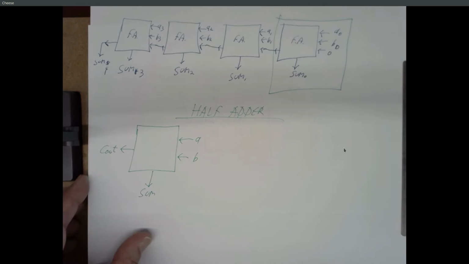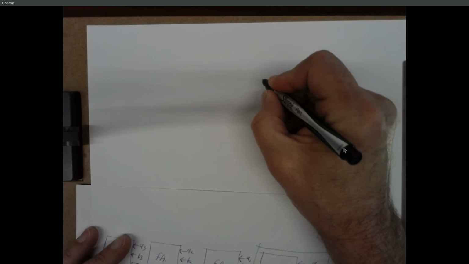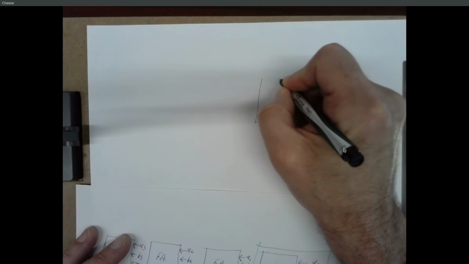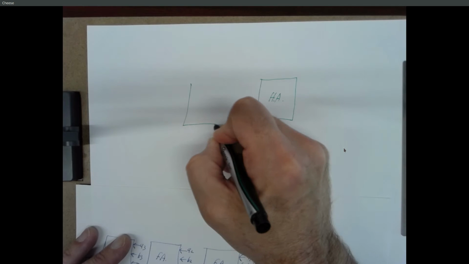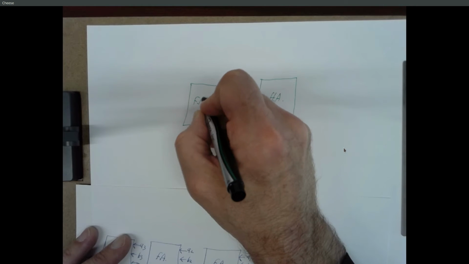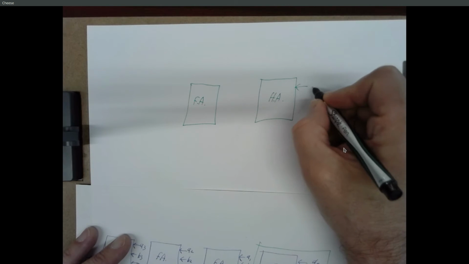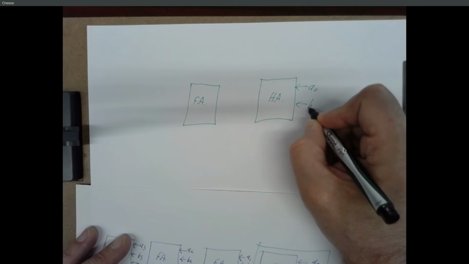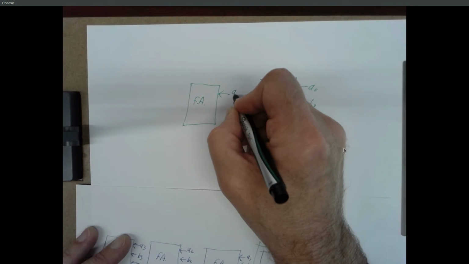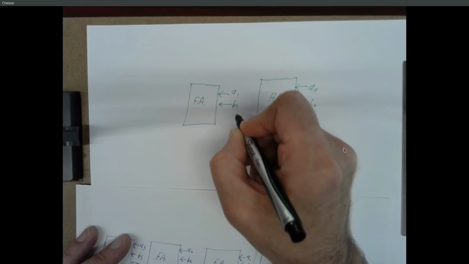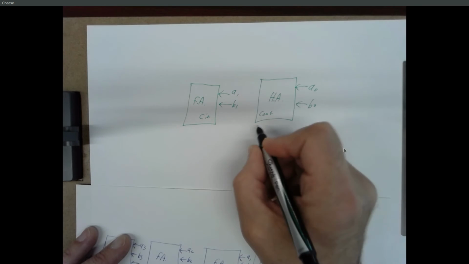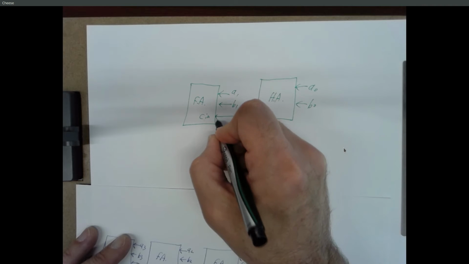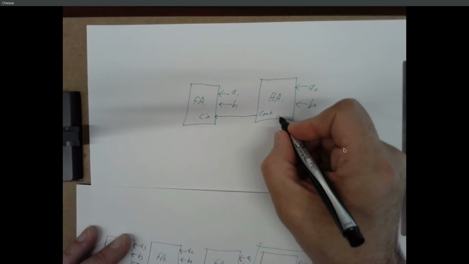So the way you're going to actually implement your 2-bit adder in Lab 3 is going to look like this. Here's a half adder and a full adder. Your bits go in over here. The half adder still generates a carry out, but that gets sent to the carry in of the full adder.